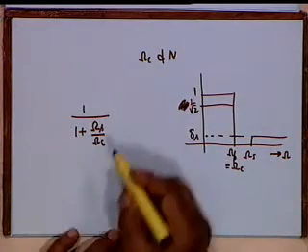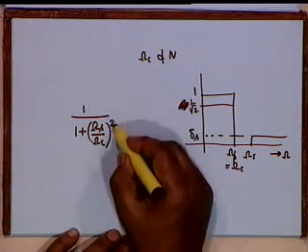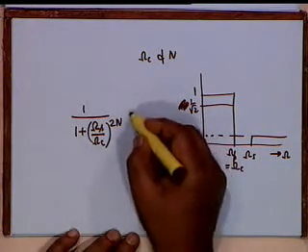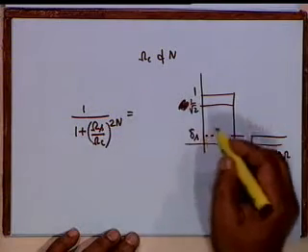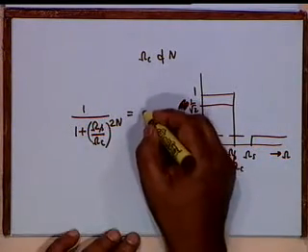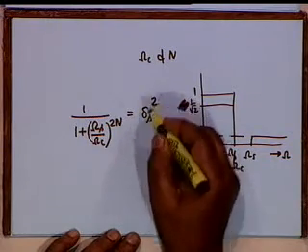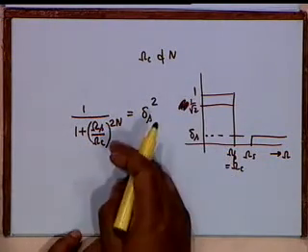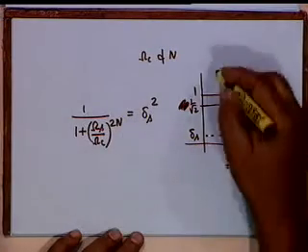Okay. So, this to the power 2N should be equal to delta s squared. Don't make a mistake. This is magnitude squared and this is magnitude.